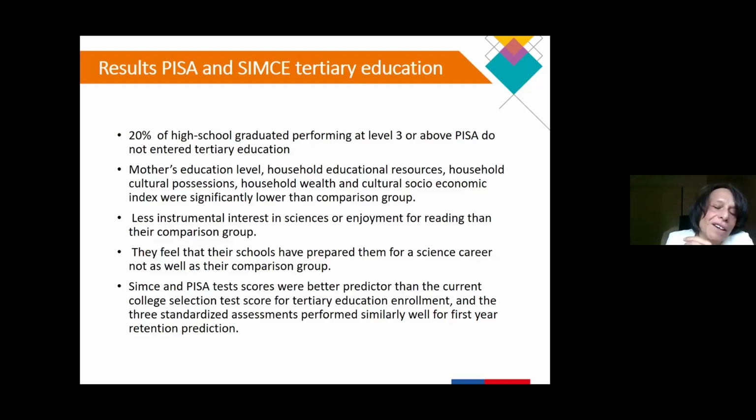What we did obtain with our result from our PISA and SIMSE tertiary education study, well, we could determine that 20% of high school graduates performing at level 3 or above in PISA do not enter tertiary education, and this is a big loss, because those students could have had a good opportunity to perform tertiary education with success.